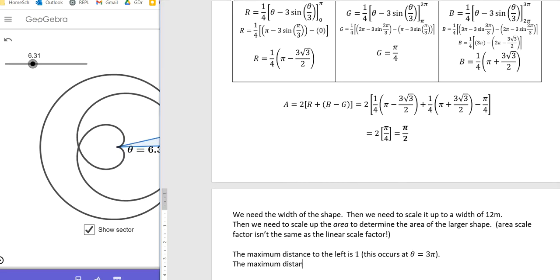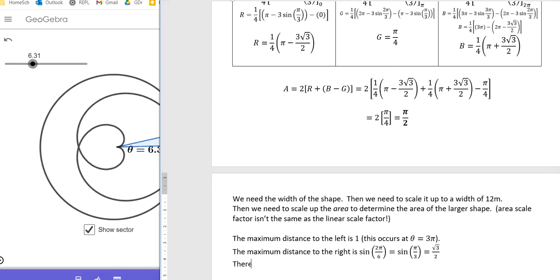So the maximum distance to the right is sine of 2 pi by 6, which is just sine of pi by 3, which we probably remember by now. We've used this number a few times today, root 3 over 2.